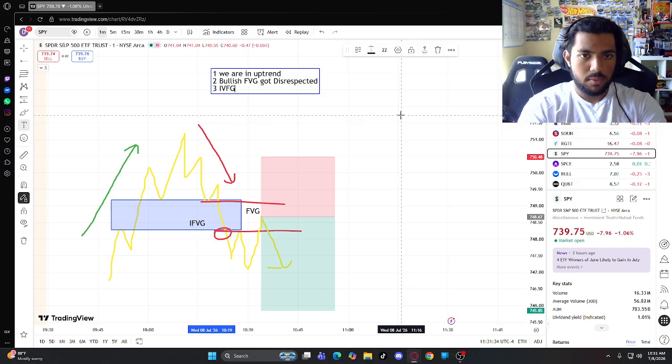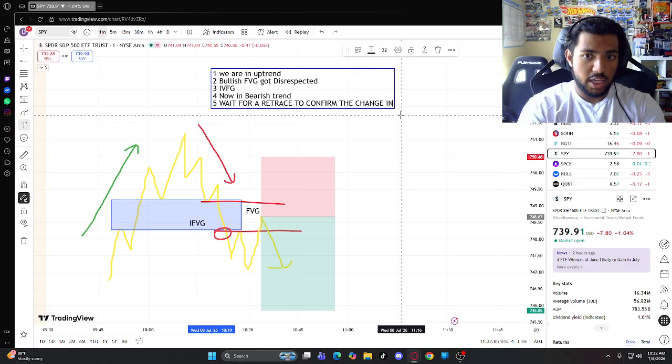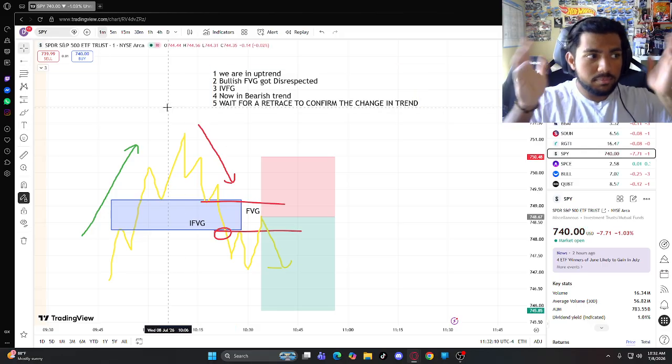Four, now in a downtrend, now in a bearish trend. Five, wait for a retrace to confirm the change in trend. There you go.